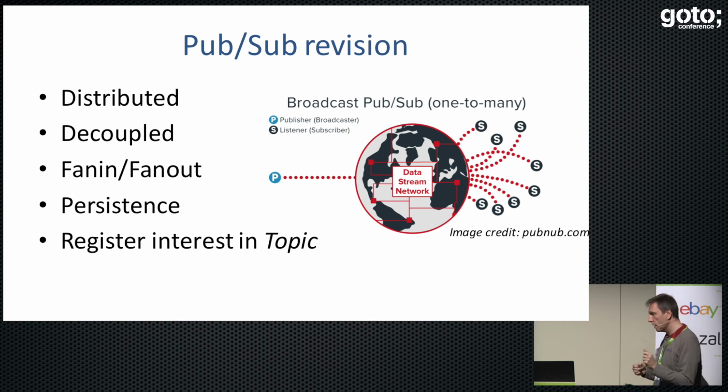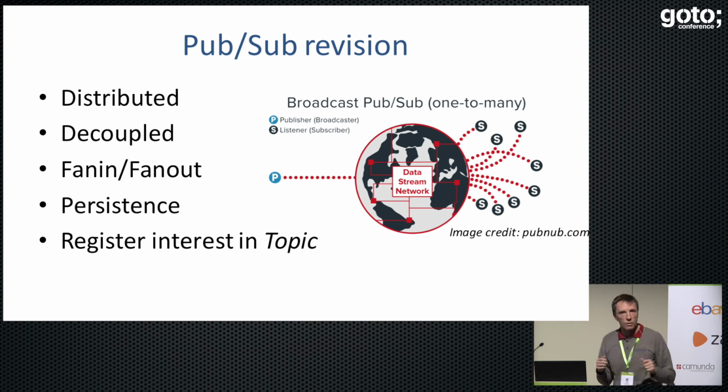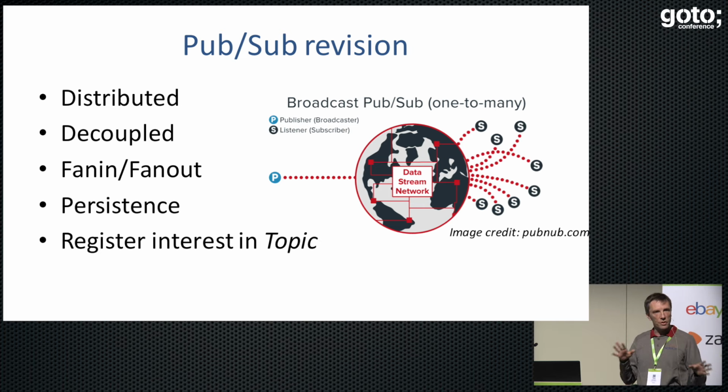Now, something you don't normally associate with publish-subscribe is this idea of persistence of data. Data that is resident within the publish-subscribe system until a subscriber is ready to receive that data. Normally what happens is it's kind of a live, if you're there, if you're not system. But some of these publish-subscribe systems do offer you persistence.